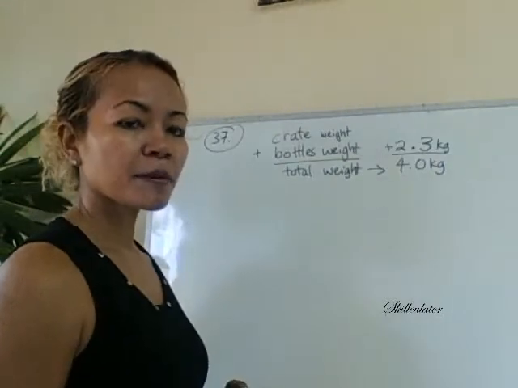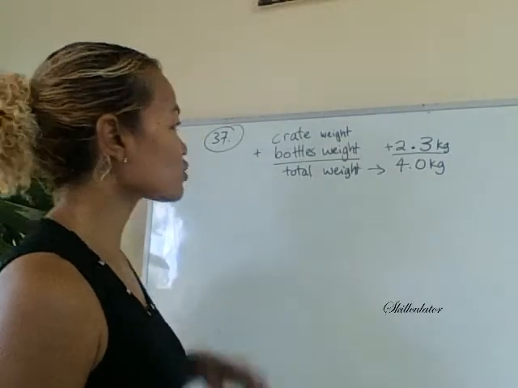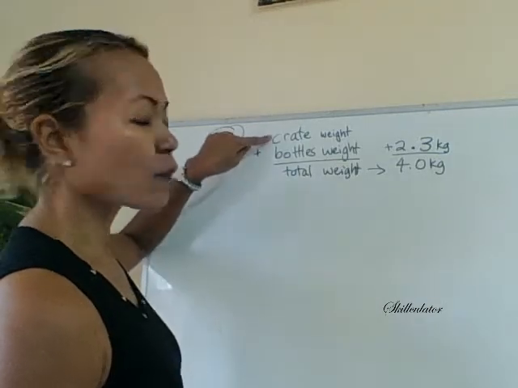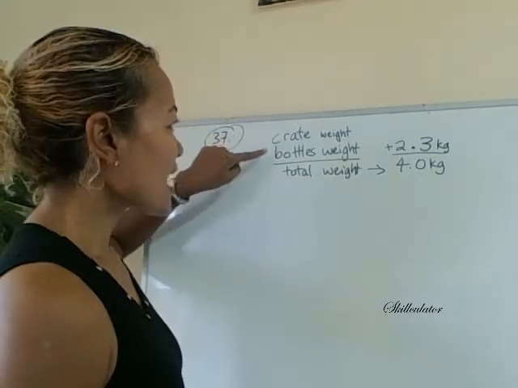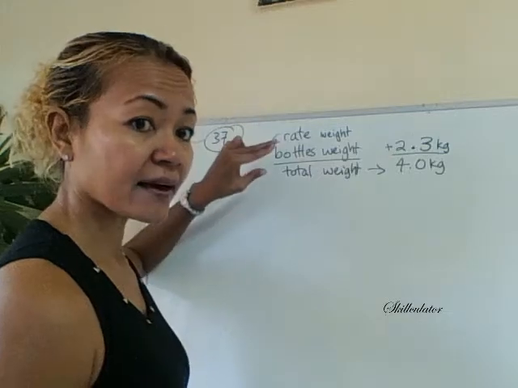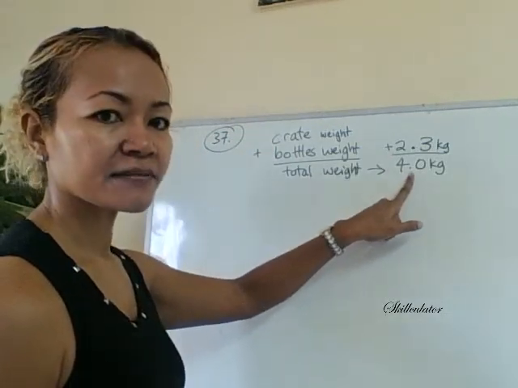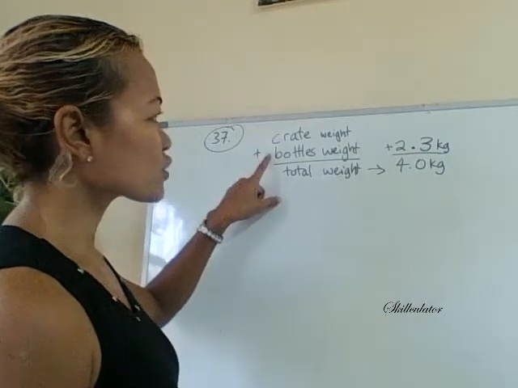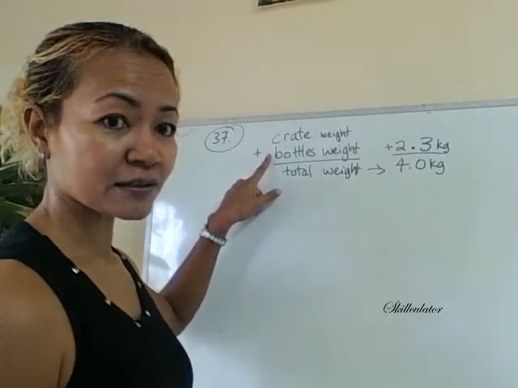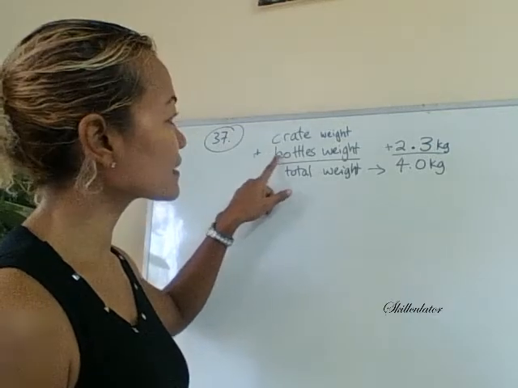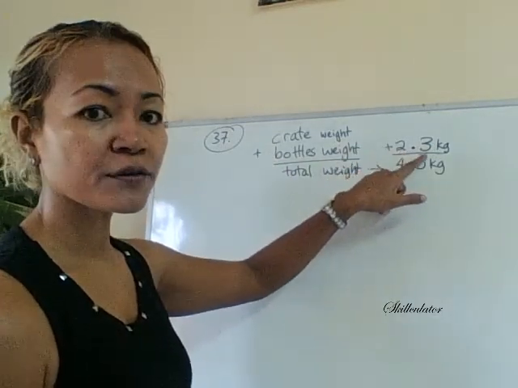Okay, we're given a problem where we are told that the total weight, that is the weight of the crate and the weight of the bottles together, the total weight is 4 kg. And we're told that the weight of the bottles, not the bottles in the crate, just the bottles by themselves, is 2.3 kg.